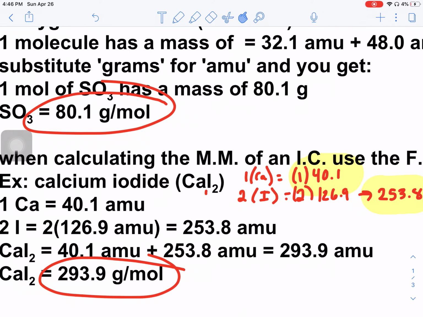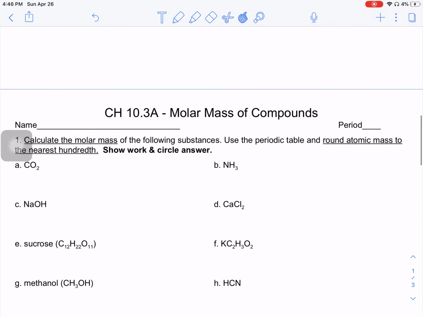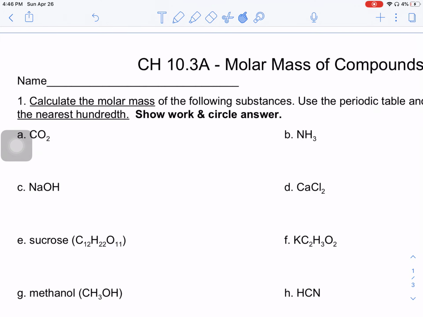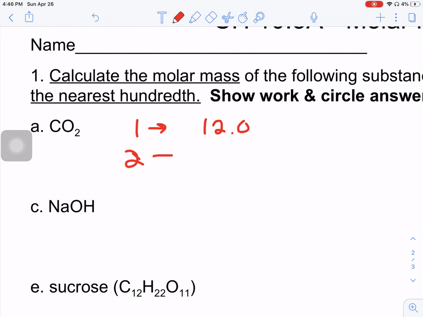Today we're just working on calculating molar masses. Let's look at some of the ones in your homework for today. So CO2. It's got one carbon atom. Carbon is 12.01, and it's got two oxygens, so we're going to do 2 times 15.9994.